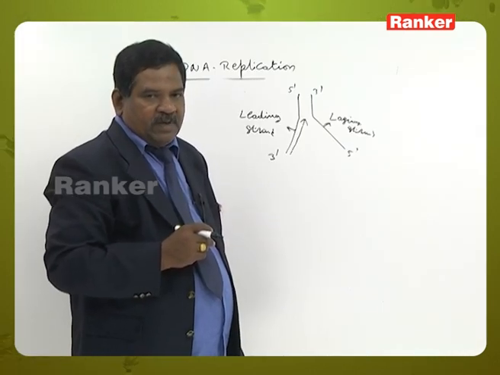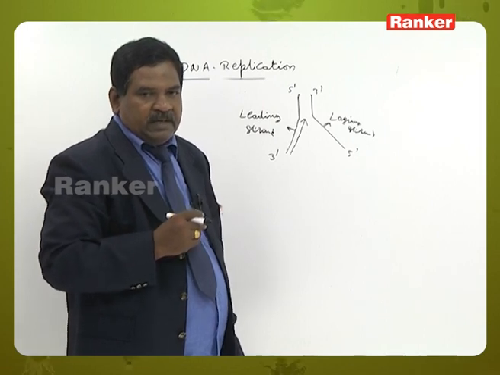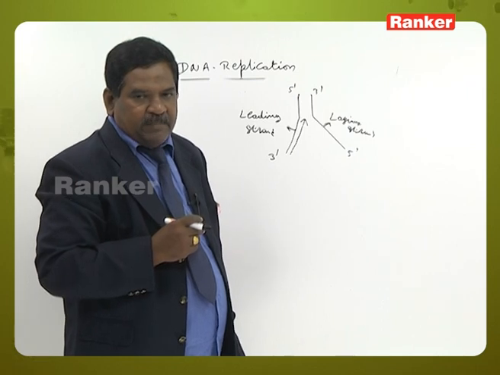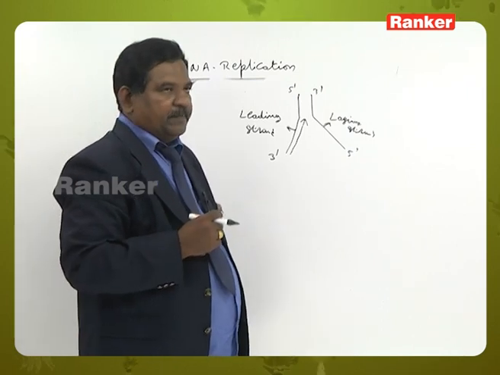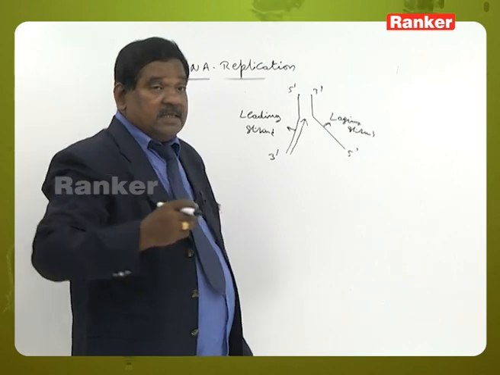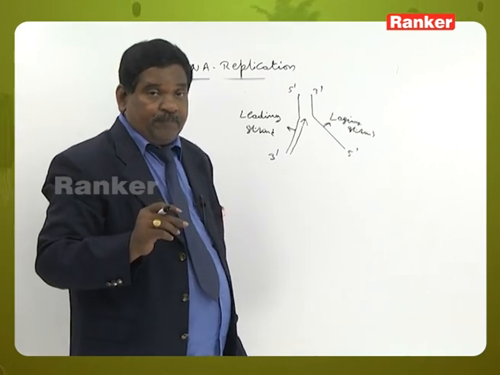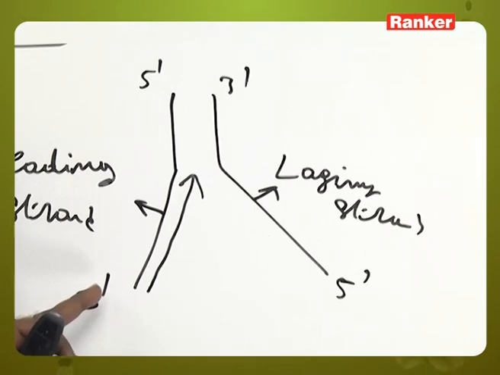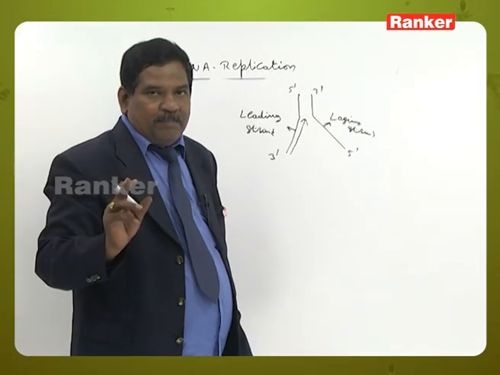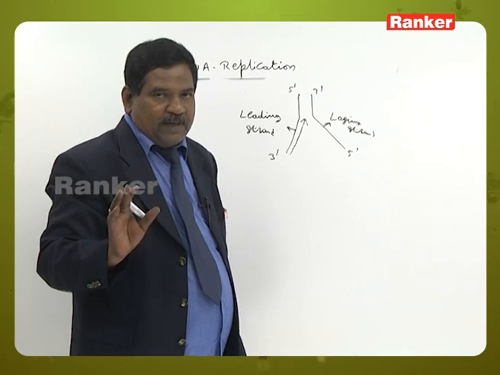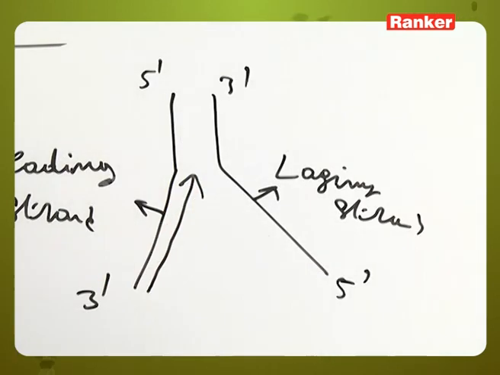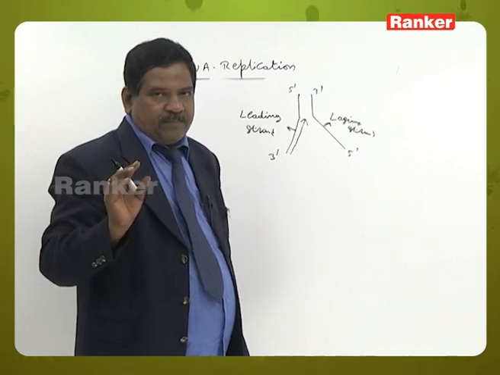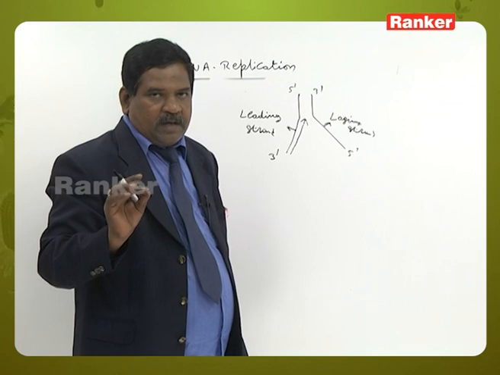And third option, 5' to 3' end template strand of DNA acts as the template strand of hnRNA. That is transcription. In transcription, only one strand of DNA acts as a template. That is the 3' end to 5' end template of DNA only acts as template. The 5' to 3' strand is not involved in transcription. So the third statement is wrong.